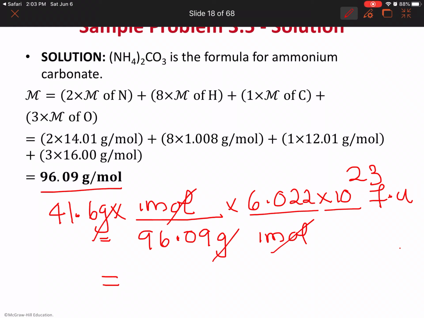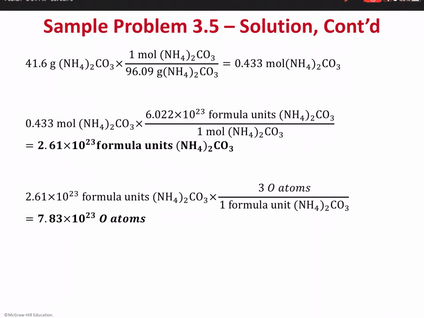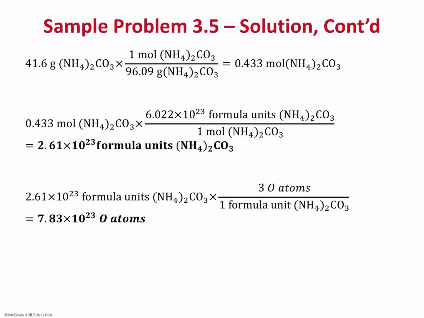So you're going to find the formula units in 41.6 grams, and that would be 2.61 × 10^23 formula units of ammonium carbonate. You can also see how it's been calculated, what I just did, in the previous slide right here.